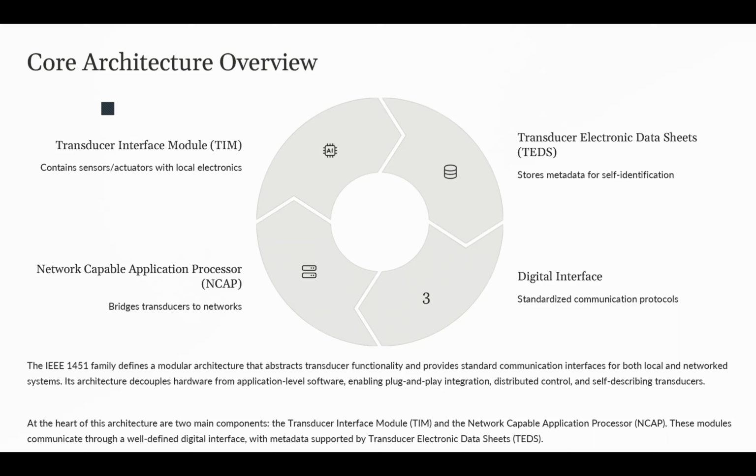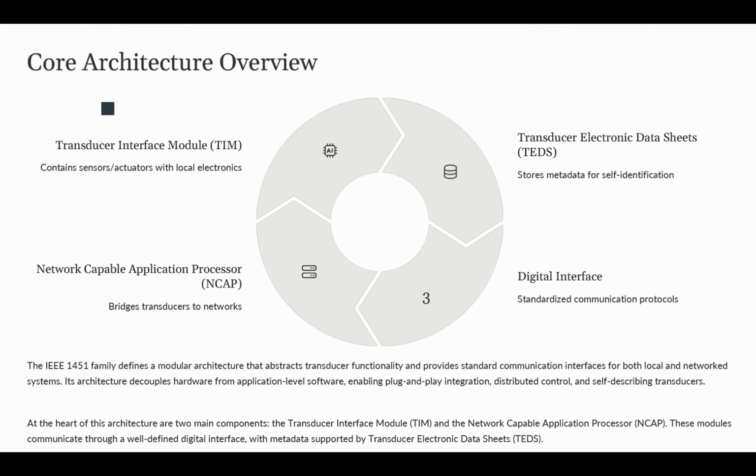Now, because of this standard digital interface and the TEDS that we talked about, any TIM, any transducer interface module, can be integrated into any compliant NCAP. So we don't have to reprogram or manually set those up. That's why we say it provides plug and play integration when we want to use the transducer in our system.